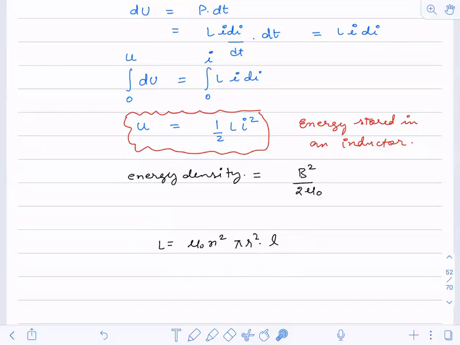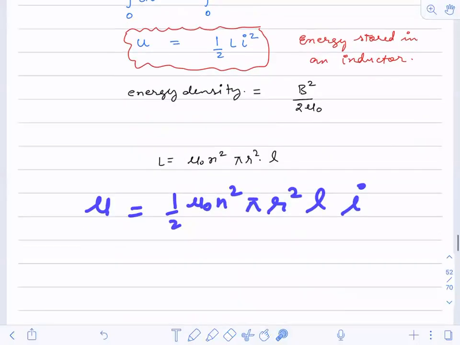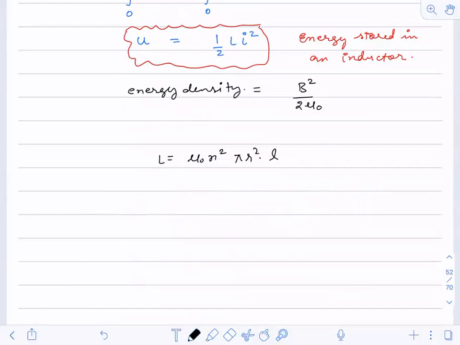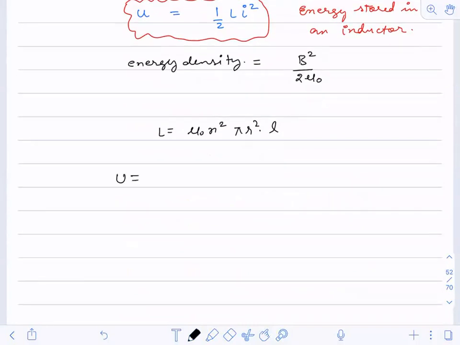So what you will get is half mu naught N square pi R square l into I square is equal to U. So U is equal to half L, and instead of L, mu naught N square pi R square into l, into I square you will take.